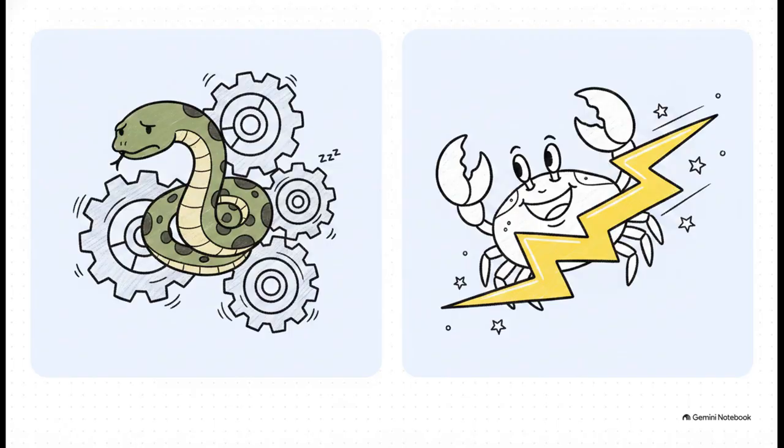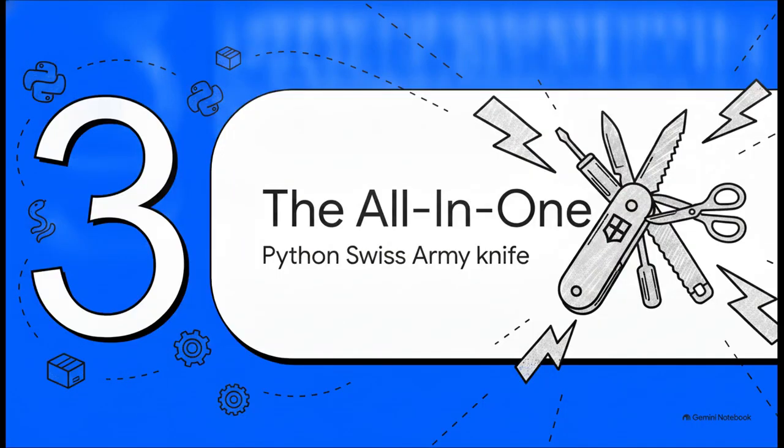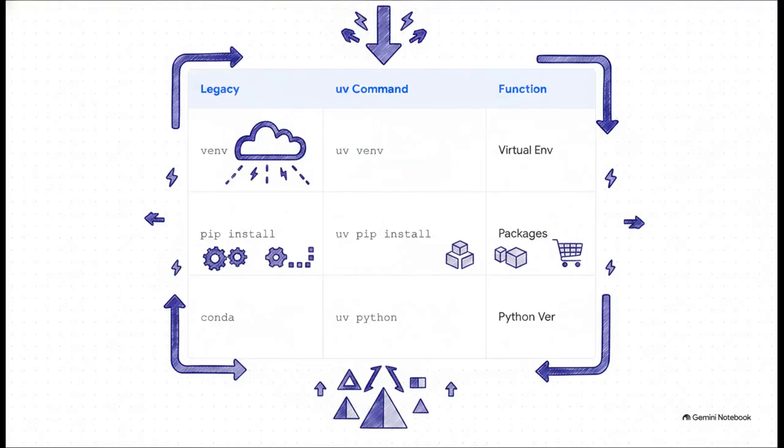It's brilliant. Section 3, the all-in-one tool, the ultimate Swiss Army knife for Python. Now, UV is incredibly powerful precisely because it directly mirrors the commands you already know. It just executes them significantly faster. For instance, if you want to create a virtual environment, instead of typing out the legacy python -m venv, you simply type uv venv. Need to install a package?